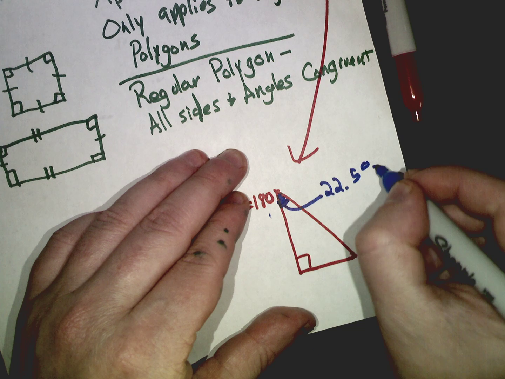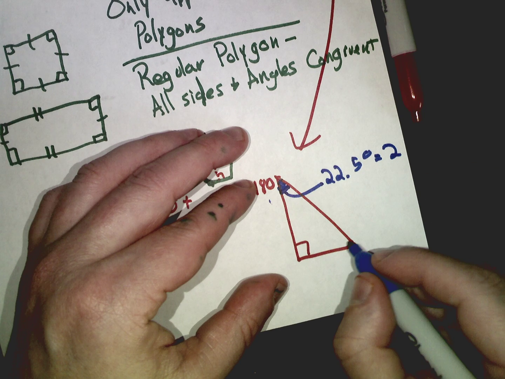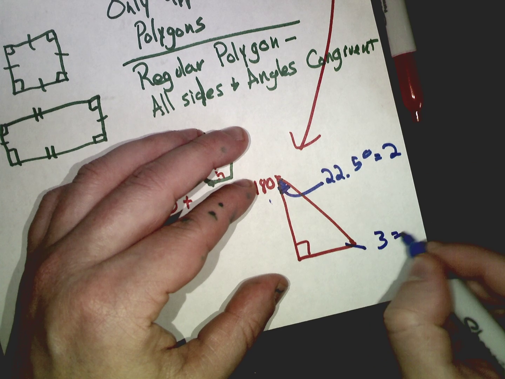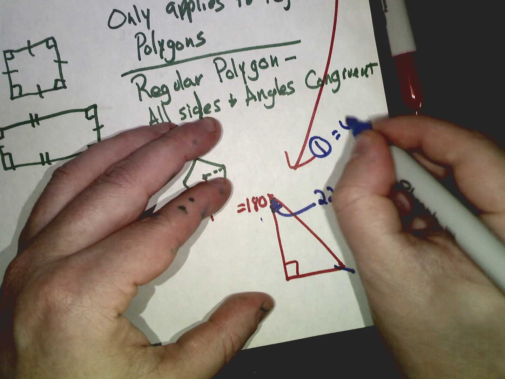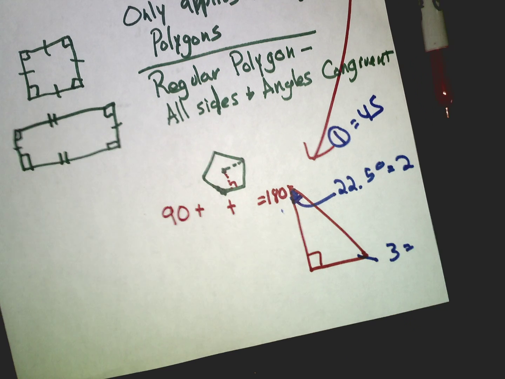I'm going to say this is number 3. We already figured out number 1, which was the bigger one. 1 was 45.